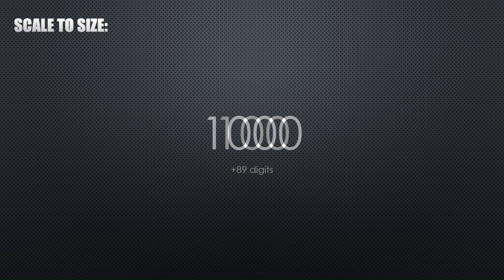So in order to put 1,000 times into perspective, if we say 1 to 10, how much is that? 9 digits. Then multiply that by 100. Now it's not 9 digits. It's 89 digits. Then again into 10, 1,000, and it becomes 899 digits.